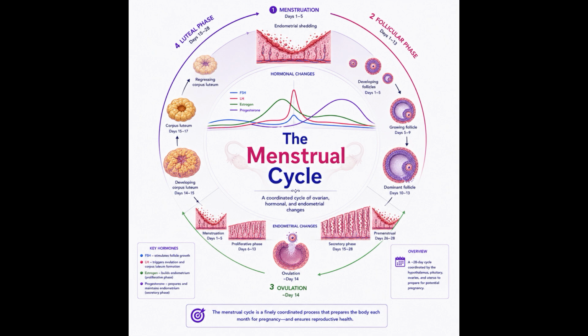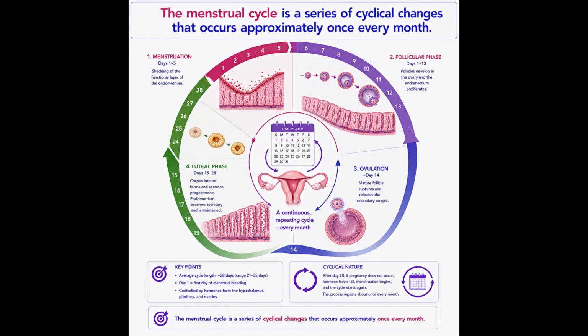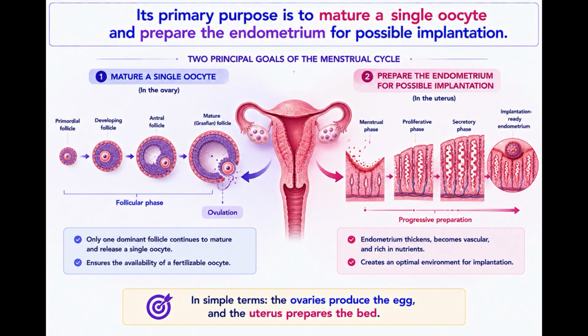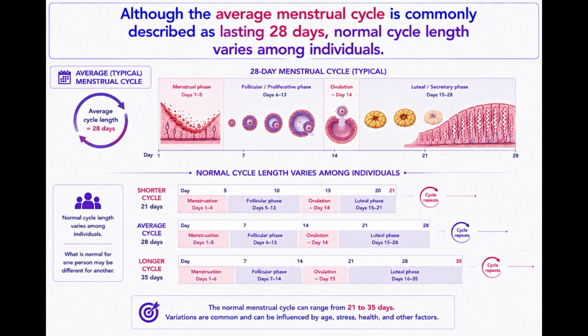The menstrual cycle is a series of cyclical changes that occurs approximately once every month. Its primary purpose is to mature a single oocyte and prepare the endometrium for possible implantation. Although the average menstrual cycle is commonly described as lasting 28 days, normal cycle length varies among individuals.